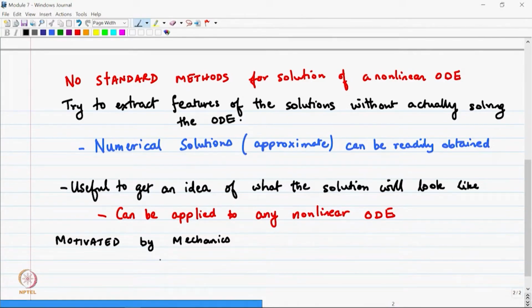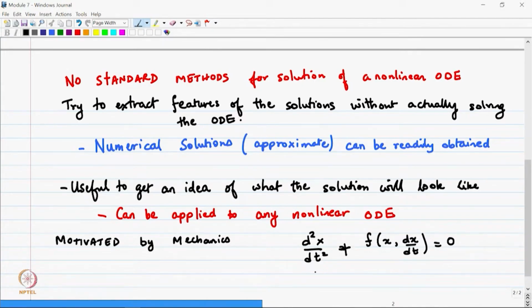So primarily we will look at equations that have this form: d square x by dt square plus f of x times dx by dt equal to 0. This is a second derivative of some coordinate plus some function of the coordinate and the first derivative equal to 0.